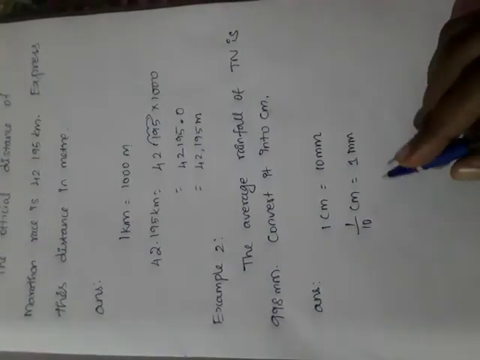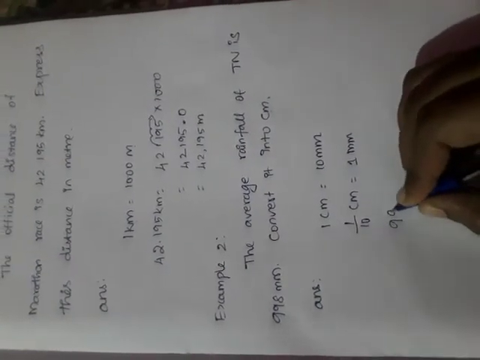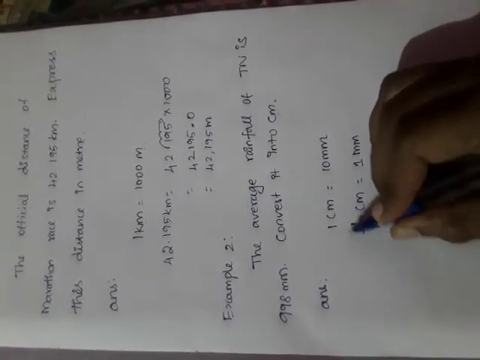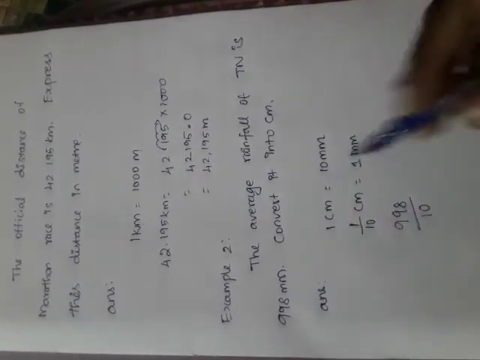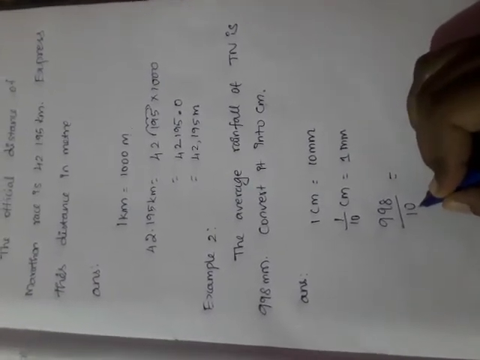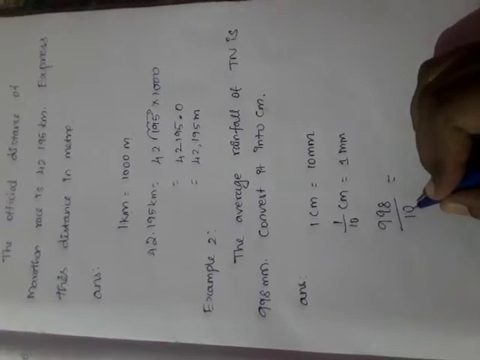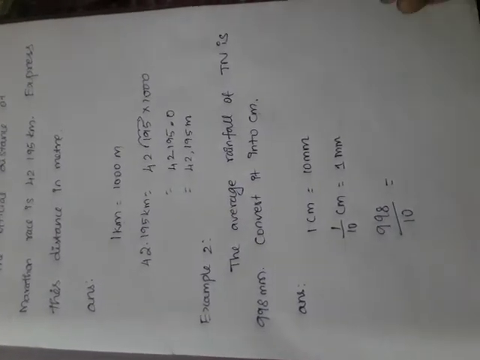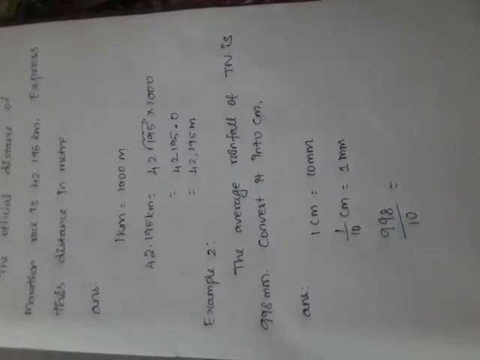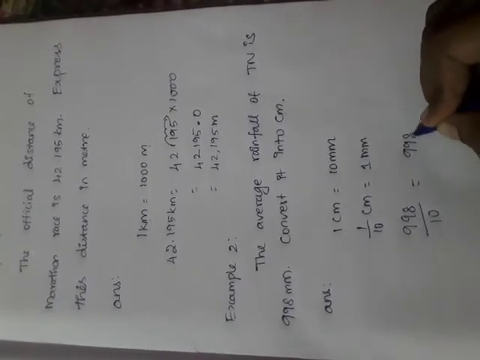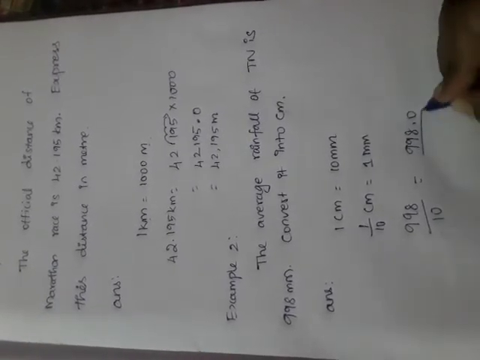998 millimeter is there, so what do you want to do? 998 divided by 10. How many zeros are there? 1 zero is there. So after one number you want to move the decimal point, but here there is no decimal point. So what shall we do? You just consider this as 998.0.